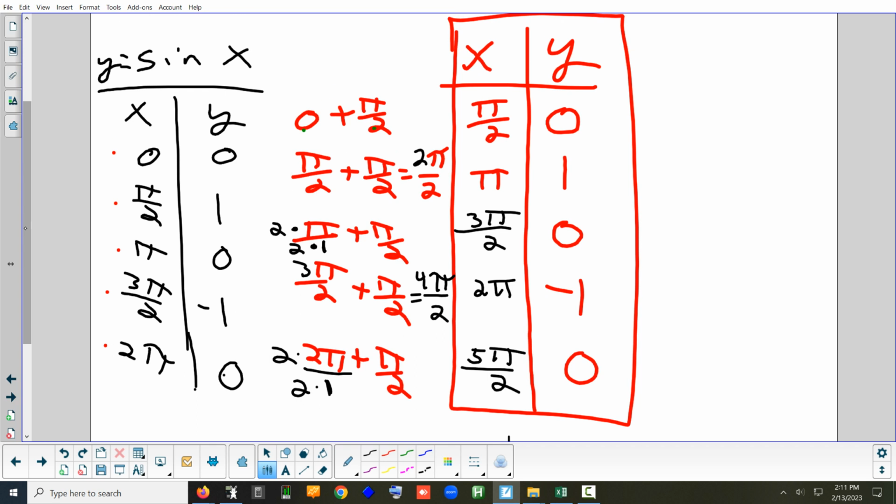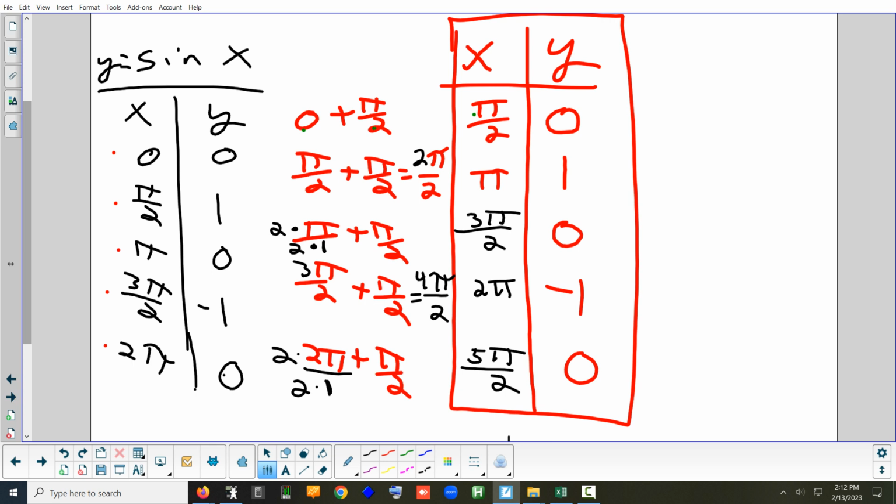Now, look at the pattern of numbers. 1 pi over 2, 2 pi over 2, 3 pi over 2, 4 pi over 2, 5 pi over 2. What do you think the next one would be if we kept going, if you don't reduce it? 6 pi over 2. So 6 pi over 2, 7 pi over 2, 8 pi over 2, 9 pi over 2, 10 pi over 2.